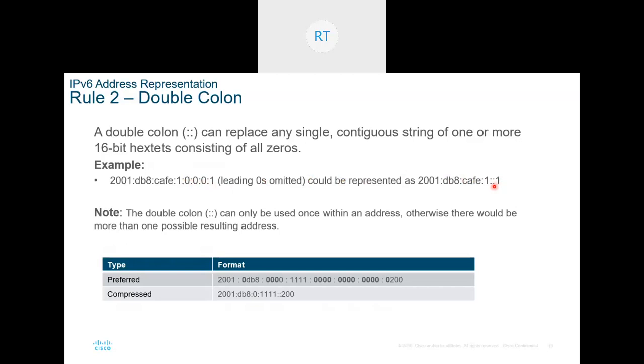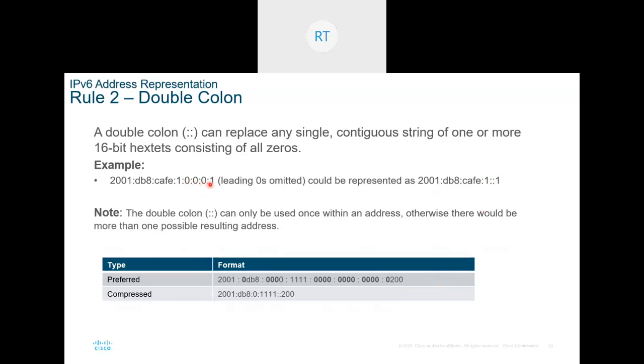However, that double colon can only appear once. It can only be used once within an address. You can't put a double colon here and a double colon here. The address will be wrong. The double colon should only appear once. Why once? It's because the router, or the operating system, should be able to know that the double colon here is representing 3 contiguous zeros.